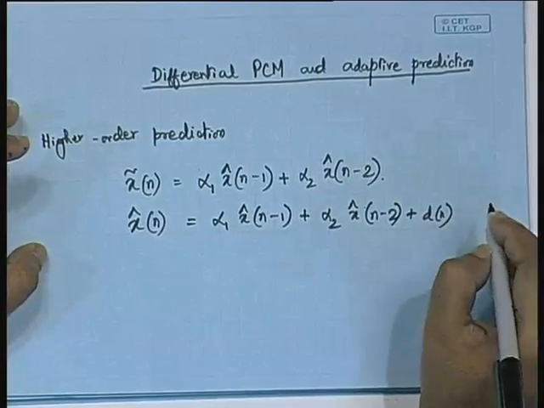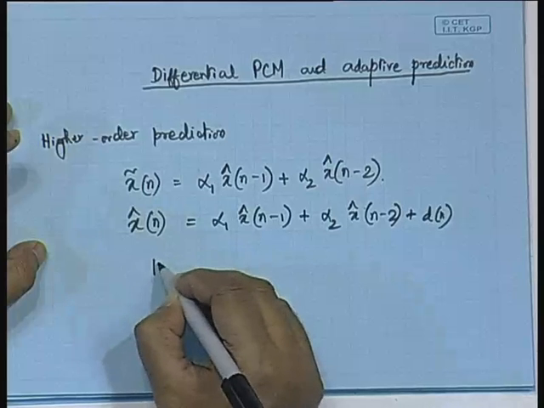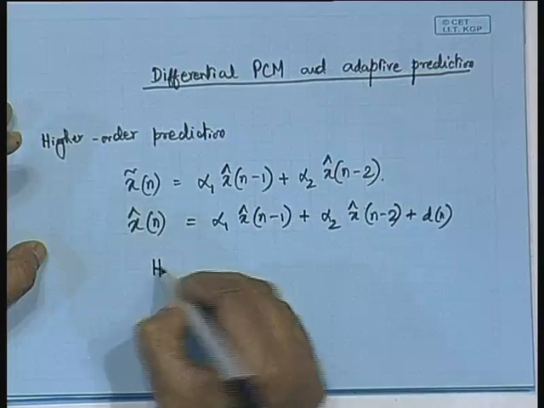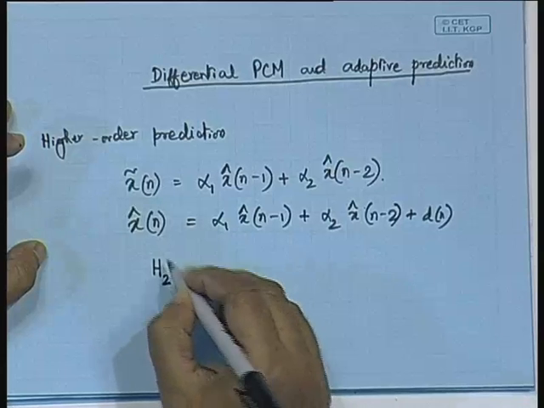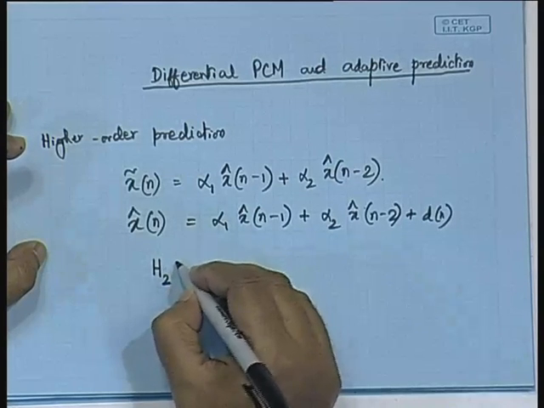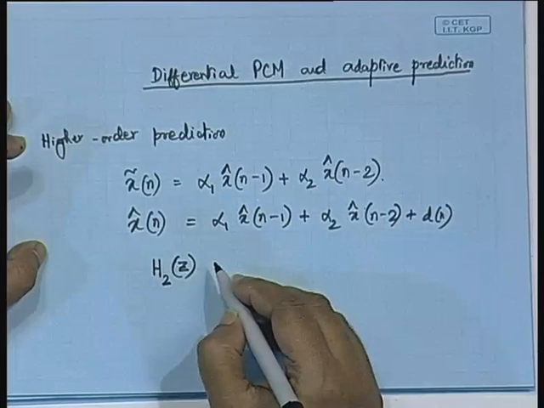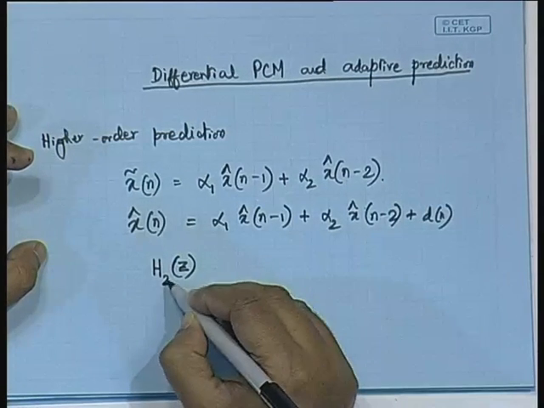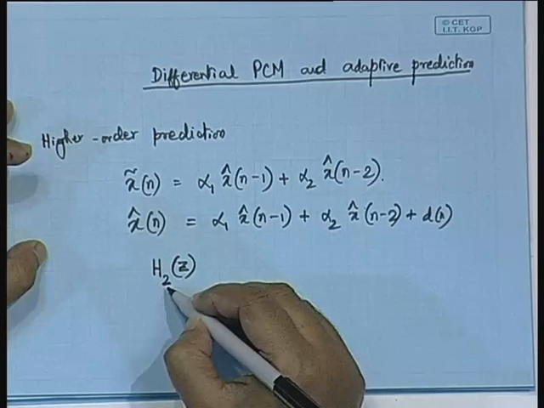And this is characterized by the corresponding transfer function, or Z transform function, for the encoder, which is going to be h, let us call it h suffix 2, because this is a second order prediction.